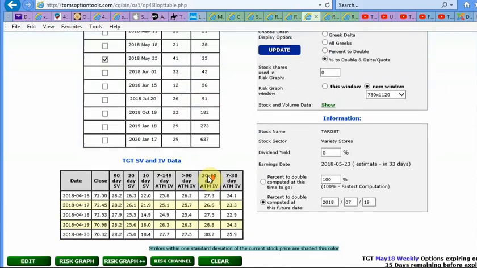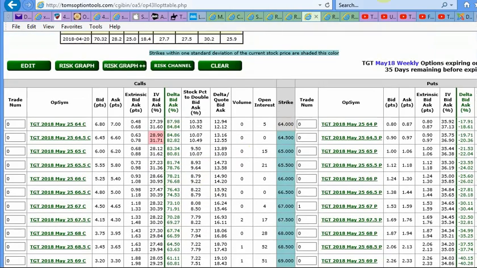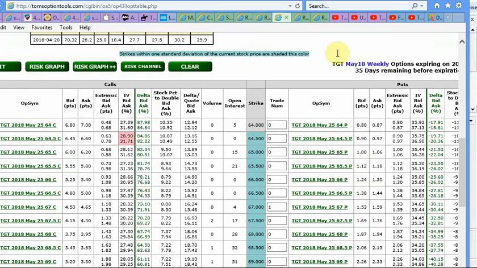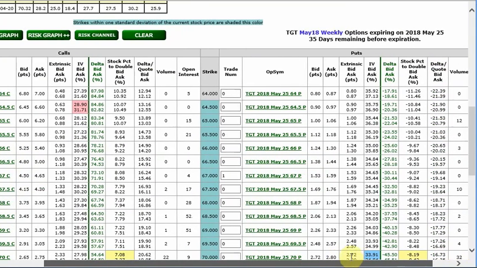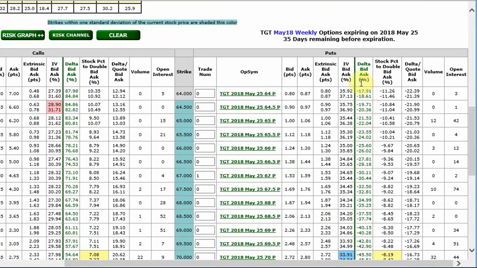So I'm going down, and we're looking at the puts. As you remember, I like using a delta around 30. The 30 delta that we see ranges between 30 and 35, between 68 and 67.